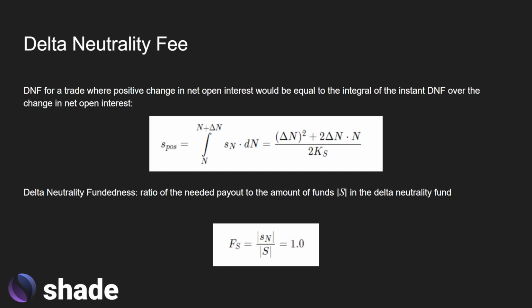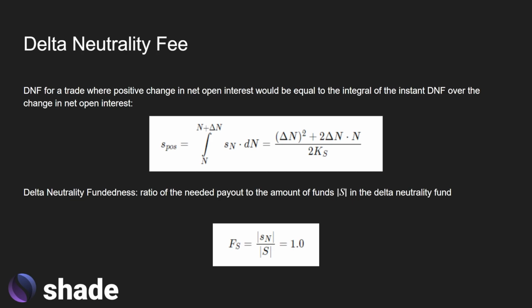If the delta neutrality fee for a particular position is positive, that means that the delta neutrality fund, I mentioned that this fee is received and given out to traders from a particular fund. It can be a contract or wallet address. Ideally, it's something that is automated.